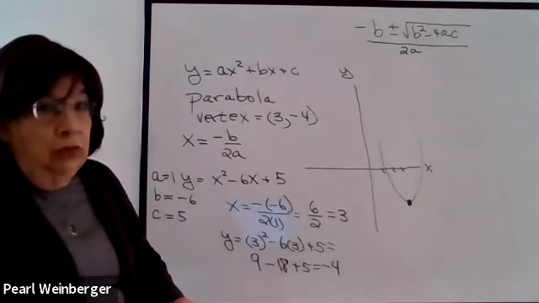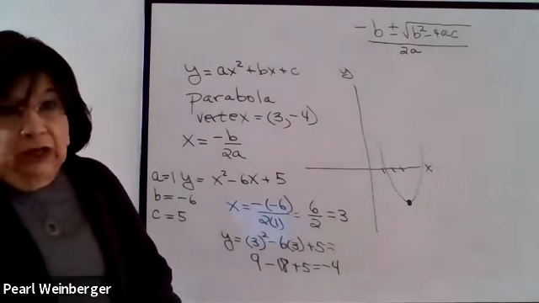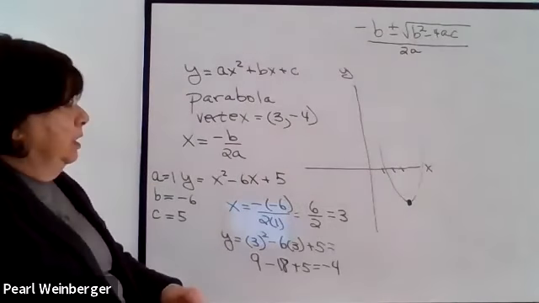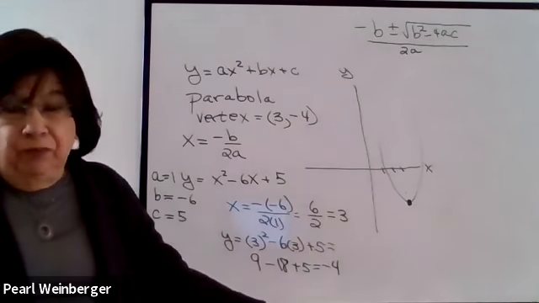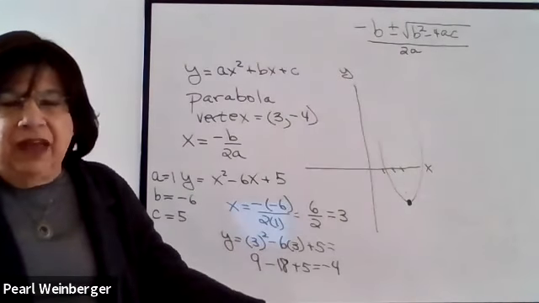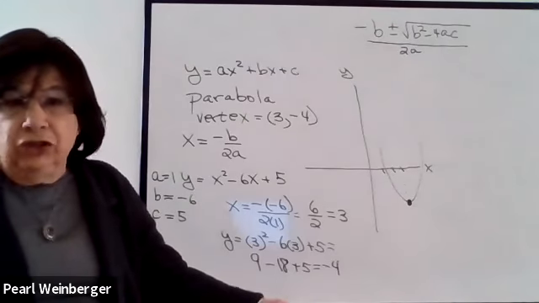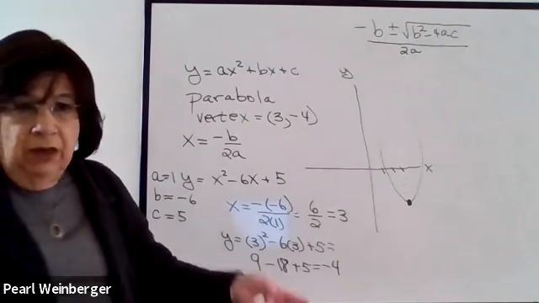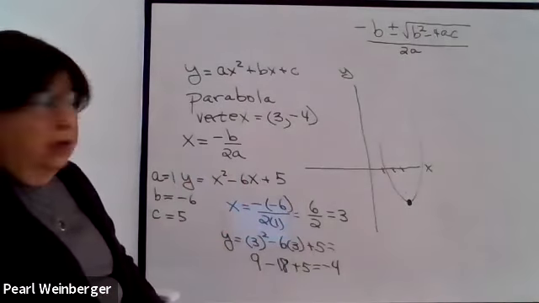And there are 2 other things that we usually figure out when we're trying to graph a parabola, basically, when we're trying to graph any kind of figure on the Cartesian coordinate system. Remember, we did it even when we had lines.